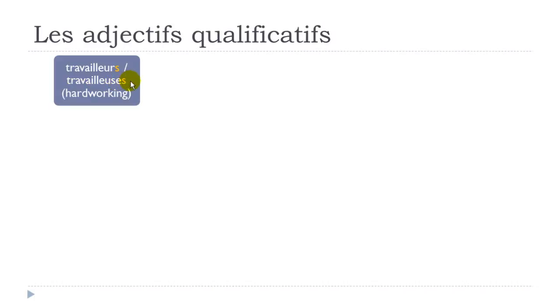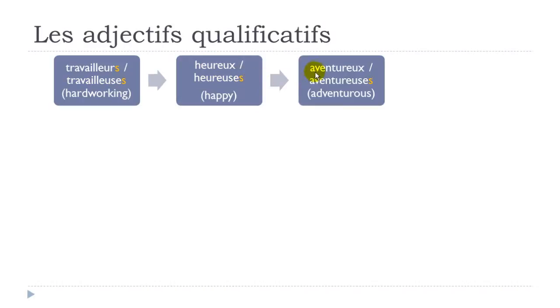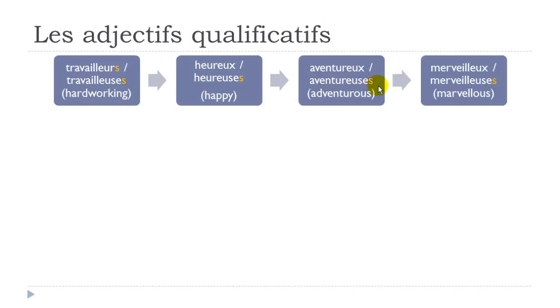Okay, travailleur, travailleuse. Then heureux, doesn't change, heureuses, final S, not pronounced. Aventureux, doesn't change, aventureuses, final S, not pronounced. Merveilleux, doesn't change, merveilleuses, so final S, and then, what a surprise, you don't pronounce it.